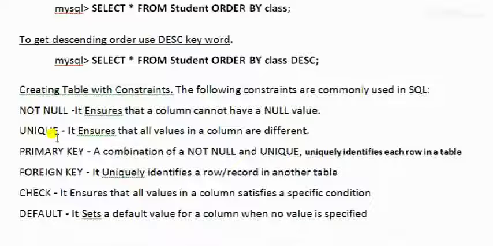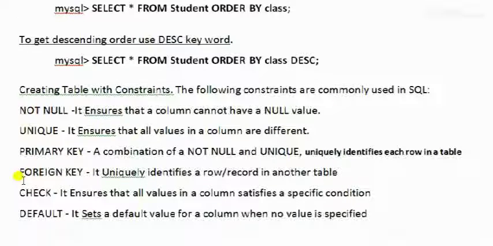Primary key identifies all the records uniquely, as you know. Foreign key basically has two functions.